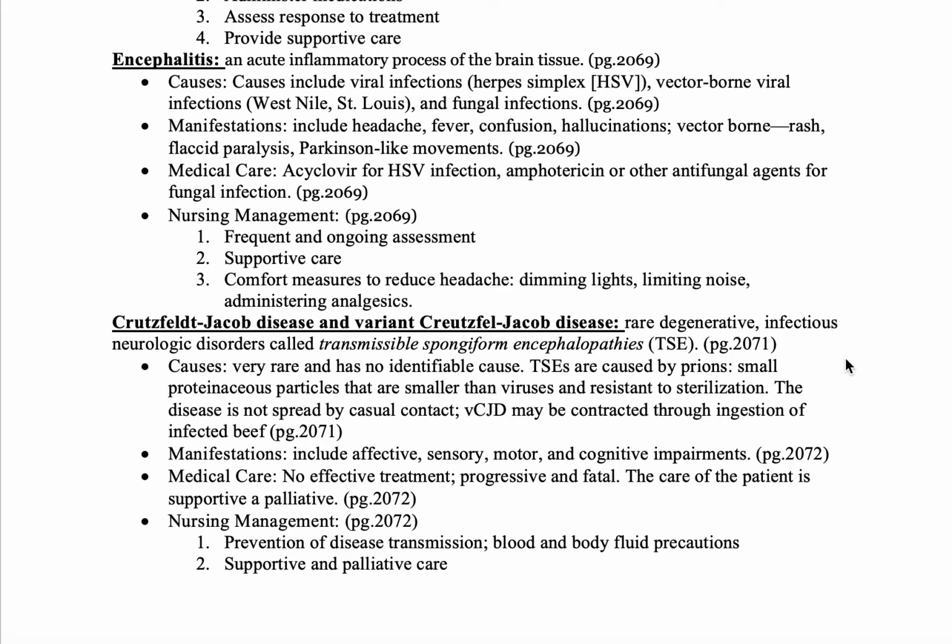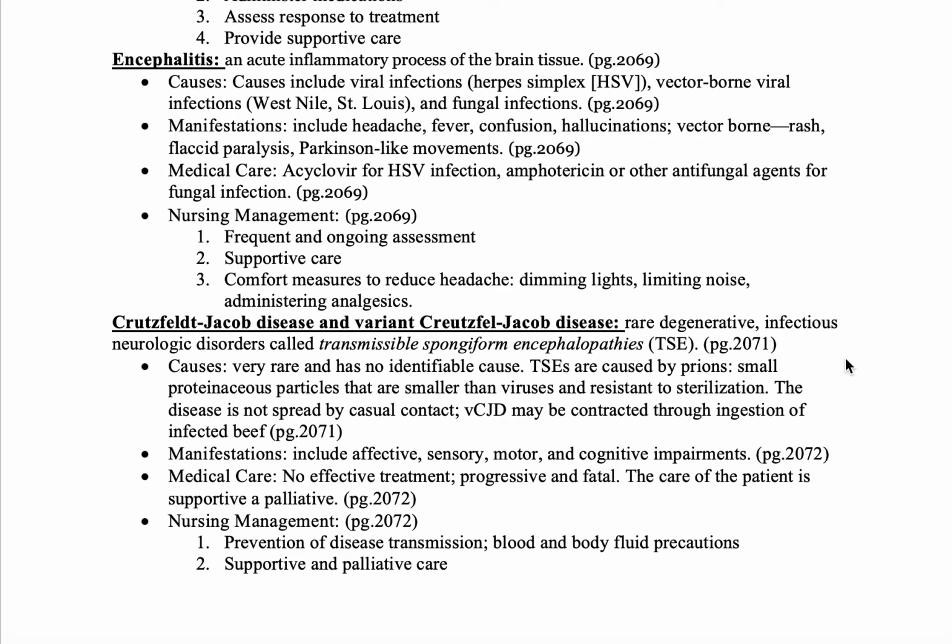The disease is not spread by casual contact. VCJD may be contracted through ingestion of infected beef. Manifestations include affective, sensory, motor, and cognitive impairment, which is found on page 2072.